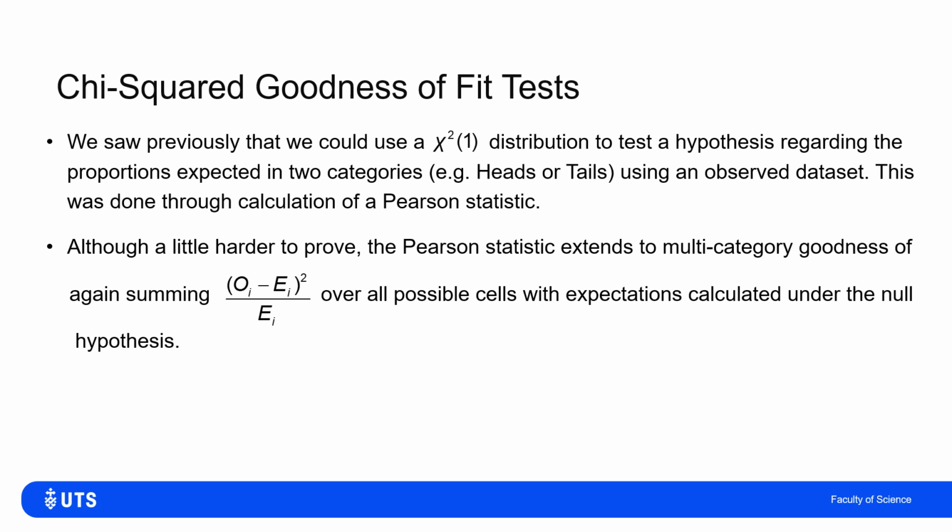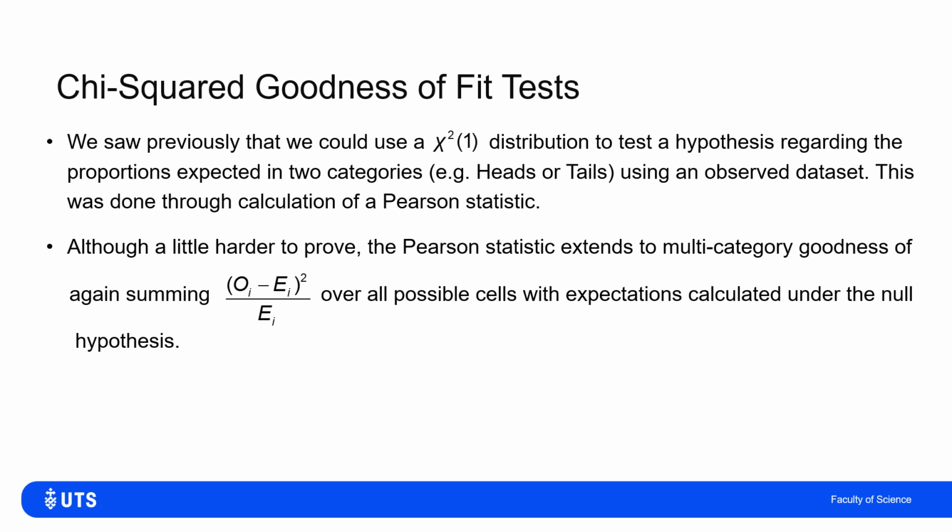Now we're not going to prove it here formally, but I can extend the Pearson statistic to more than one split, so more than two categories really. For example, if I hypothesize the proportion of each category when rolling a six-sided die, I could say two categories are how many sixes and how many not sixes.